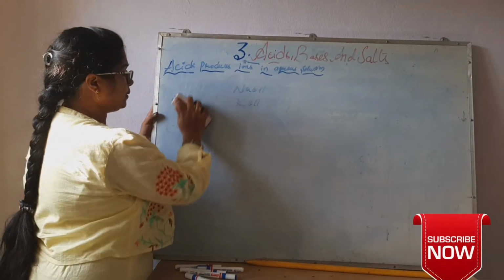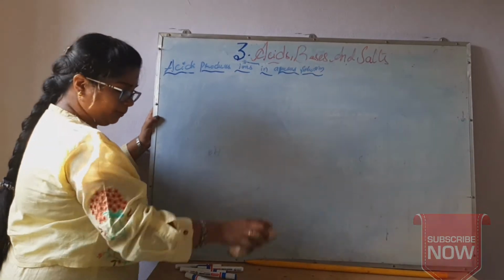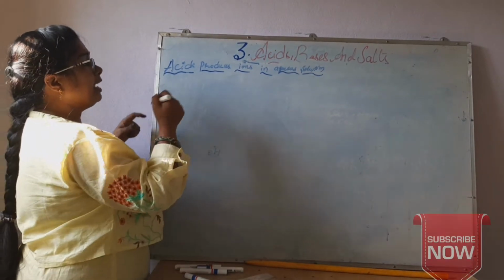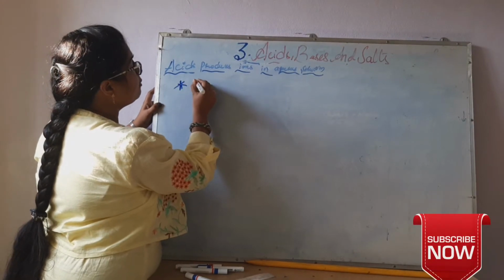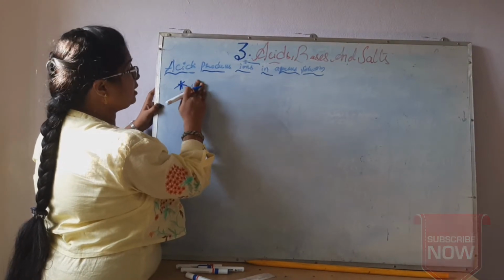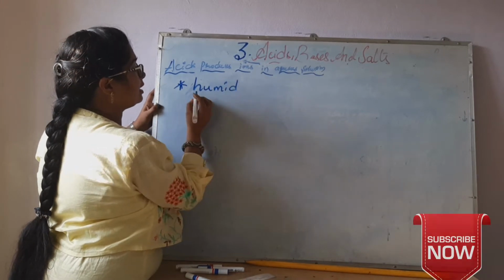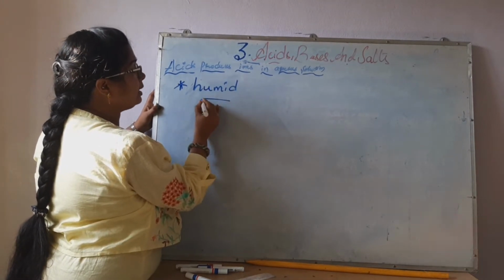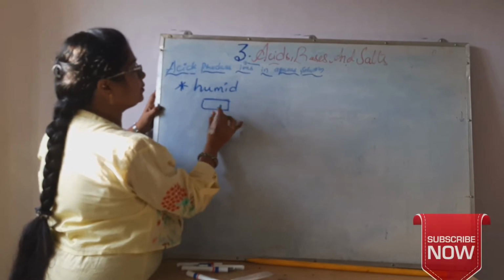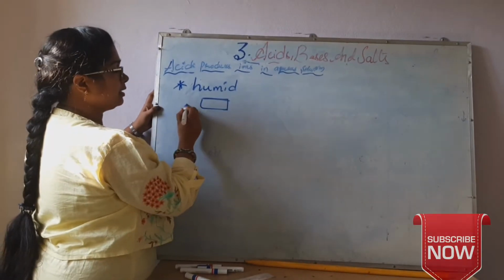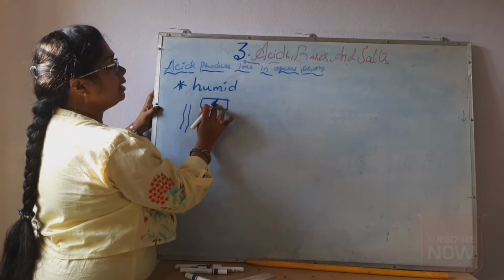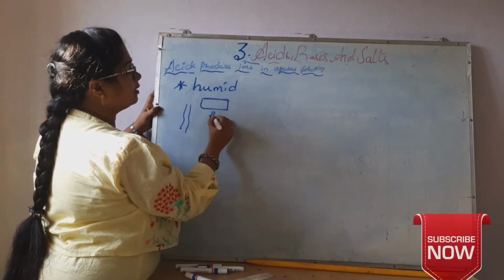When you are doing experiments, one more point you need to remember: if the room is wet, if the atmosphere is humid, then even a dry litmus paper, due to the humidity, may turn from blue to red when the HCl gas passes.